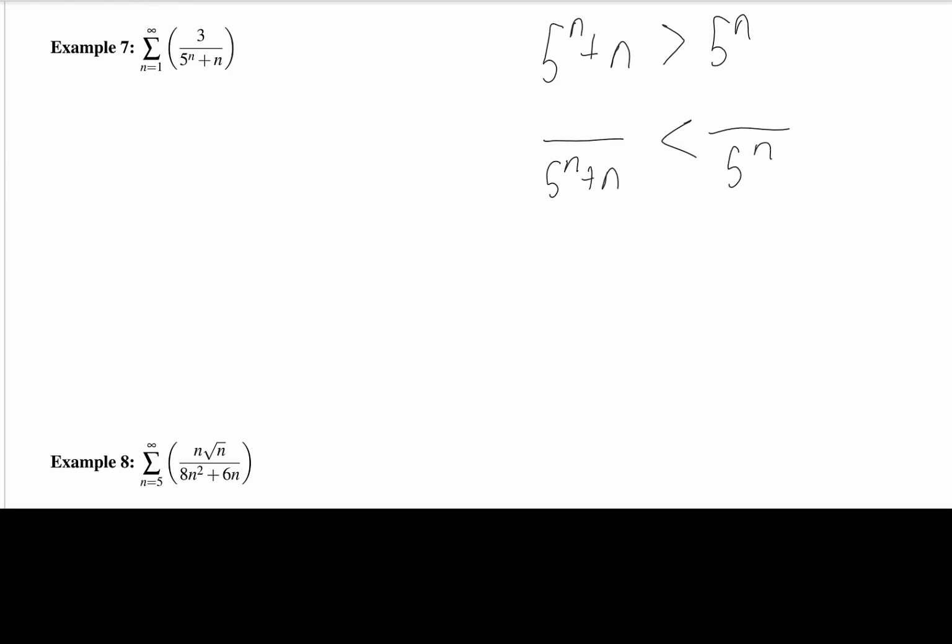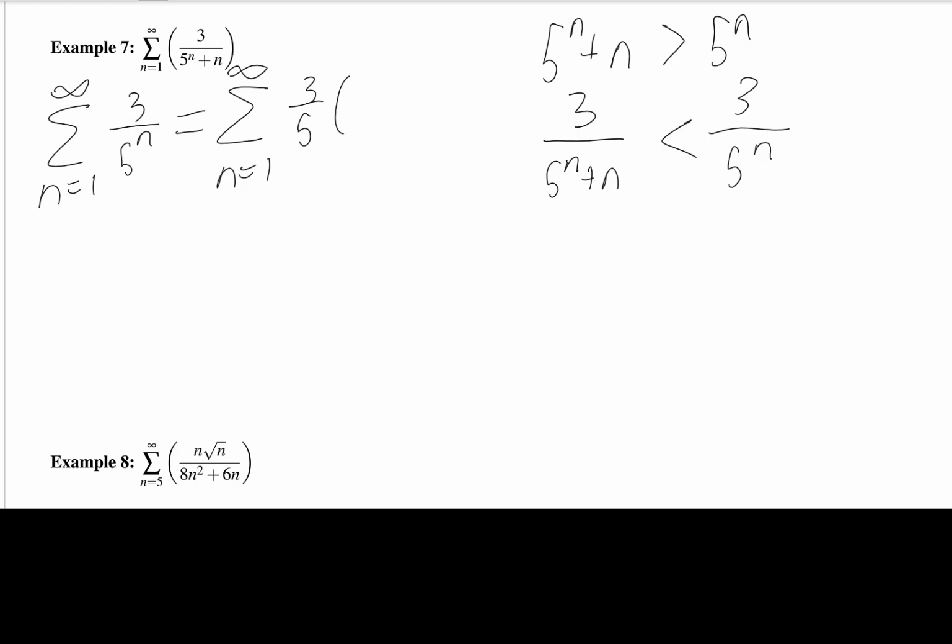I'll multiply by 3 on both sides. And now we should recognize this right-hand side as a geometric series. So we want to see if it converges. Well, so we'll have the sum from n equals 1 to infinity of 3 over 5 to the n. We know that we need to rewrite this as a times r to the n minus 1. So this will be the sum from n equals 1 to infinity of 3 over 5 times 1 over 5 to the n minus 1.